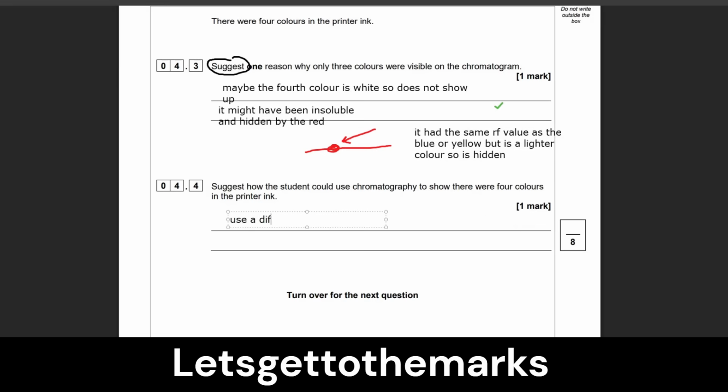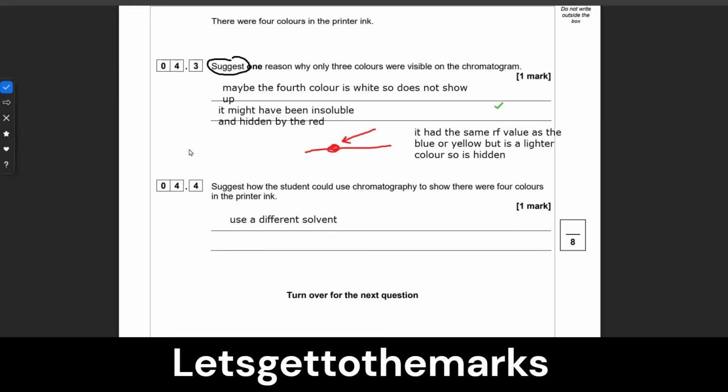Just because the red color is insoluble and doesn't move in, say, water, maybe that red color will move if we put it in an alcohol like ethanol, or in nail varnish remover like propanone, a ketone or something like that. If we use a different solvent, maybe some of those other colors will move different distances and we'll start to see them. Okay.